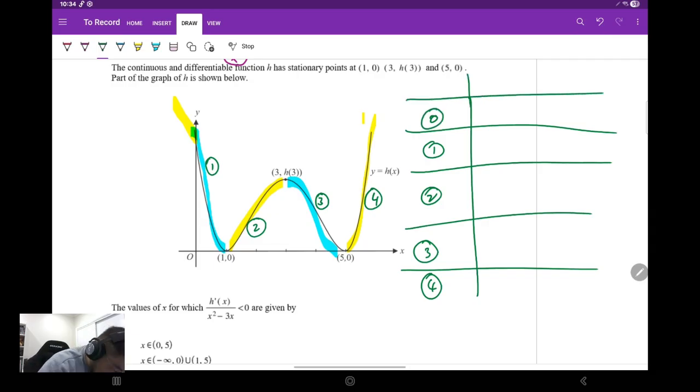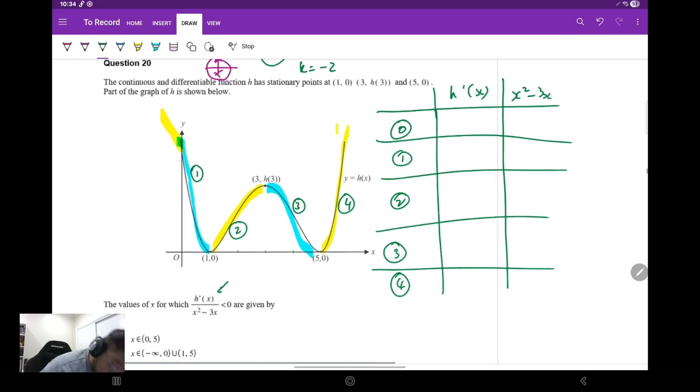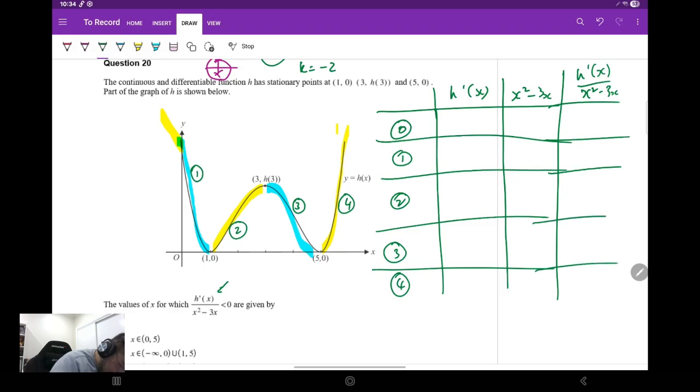Okay, so we've got to think about the numerator and denominator. So h dash of x, and we've got x squared minus 3x. And then we need to work out the result of the overall thing, h dash of x over x squared minus 3x. Let's investigate. The derivative of section 0 is negative.